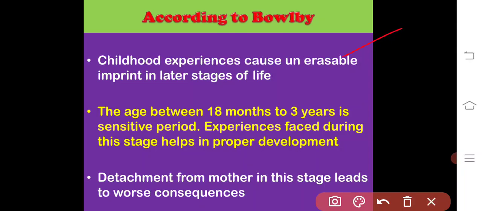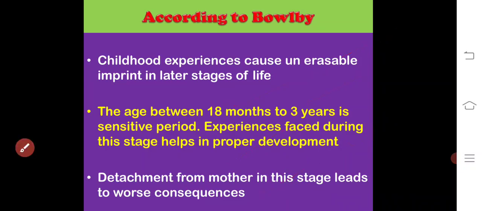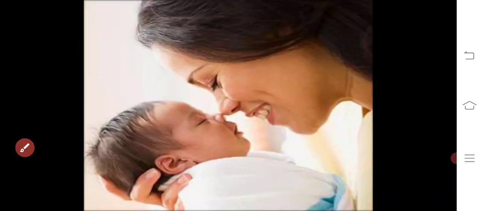The age between 18 months to 3 years is the sensitive period, and the experiences faced during this stage help in the proper development of the individual. If in this sensitive period you detach the child from the mother, then that leads to worse consequences in the future. So in the sensitive period, the child should be attached to the mother and have a bond with the mother.